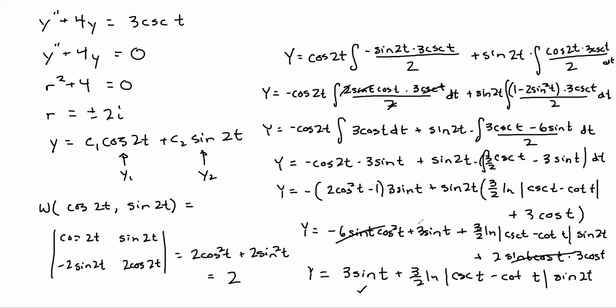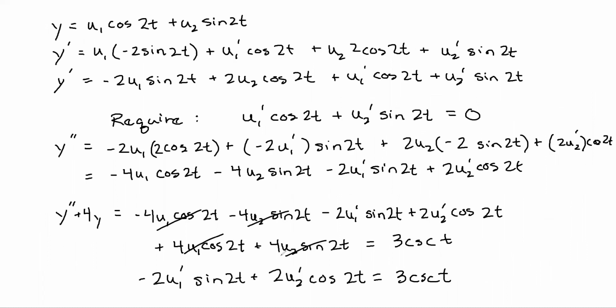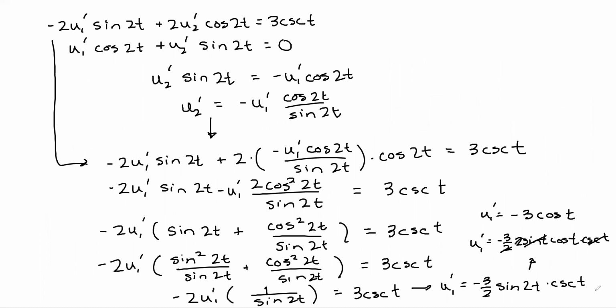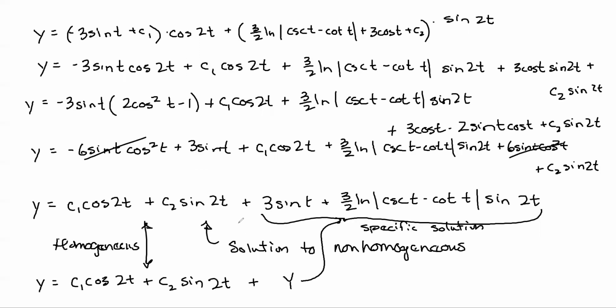If this seems like a lot of work to go through, keep in mind how much work it was originally. Without the formula, we started here, we went through and did this, this, this, this, and this.